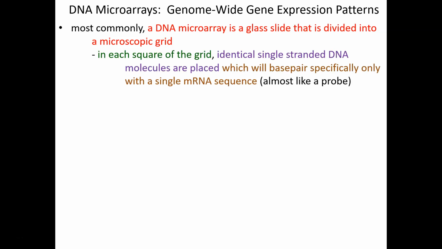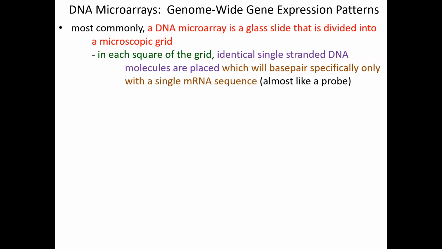It's divided into a microscopic grid, so you can almost think of it like graph paper. And each grid square of that molecular graph paper, of that etched glass microscope slide, has in it identical single-stranded DNA molecules that are adhered directly to the glass. Now, this is what's key.